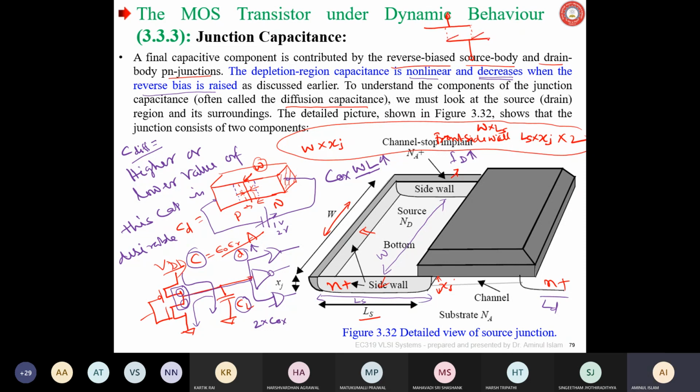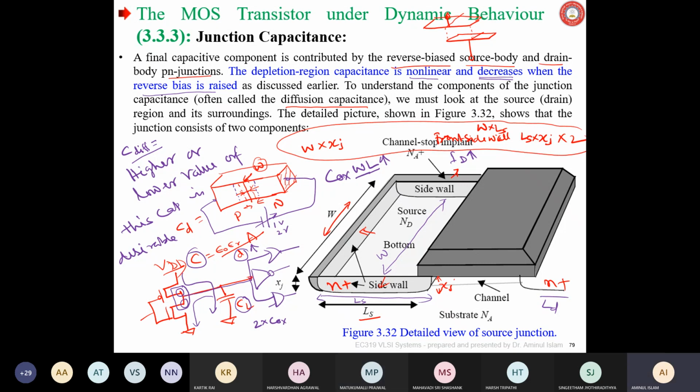If I draw it in this way, this is the bottom plate and this is the top plate. The common area is going to give the capacitance, not the other portion. This you know or not?